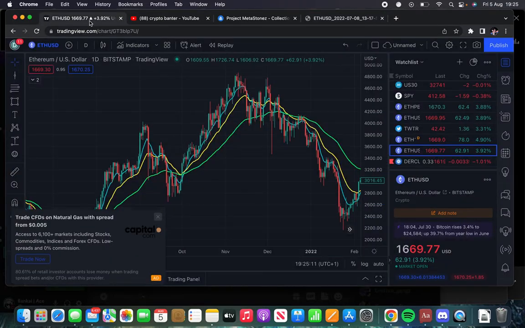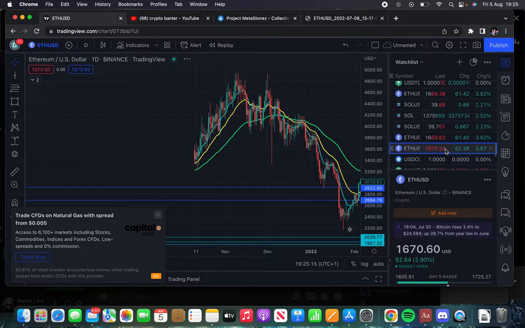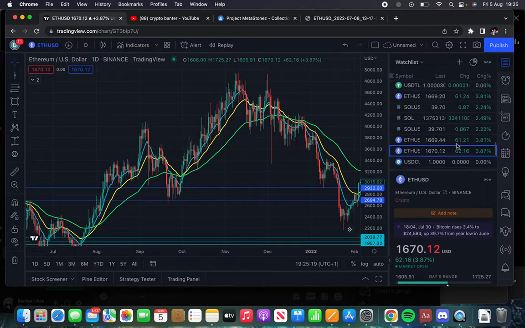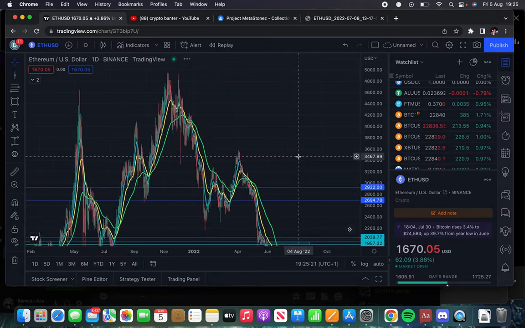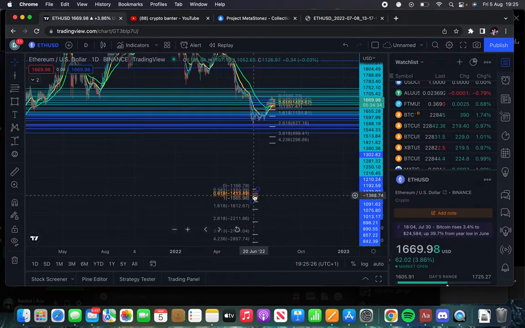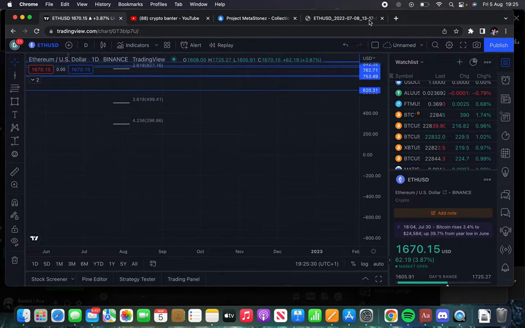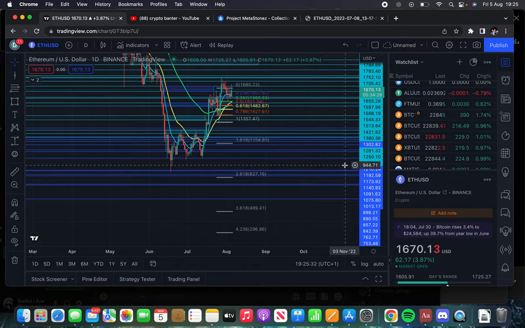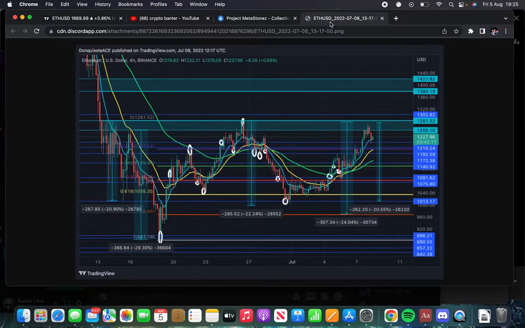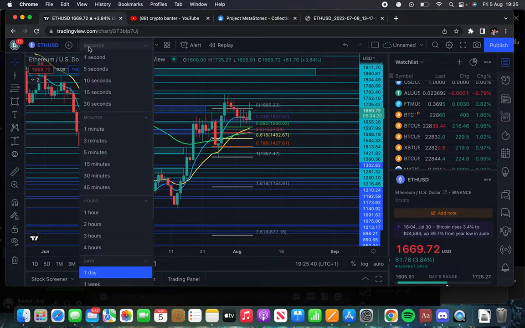So if I just go to my ETH chart real quick. Not this one. Is this one? Oh no, it's this one. Okay. What's that doing on there? Pretty sure it was the 4-hour time frame. Yeah, 4-hour time frame.